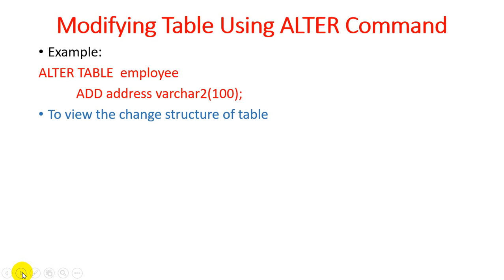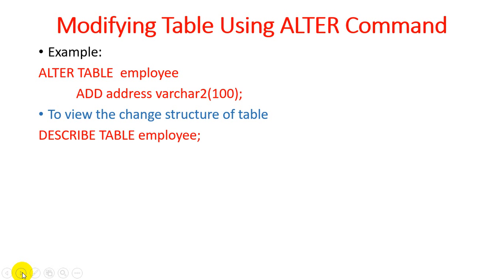To view the changed structure, how to view a particular table structure, at that time you can go with DESCRIBE TABLE employee. Whenever you want to see your database structure, we can go through the previous one, a describe database name.